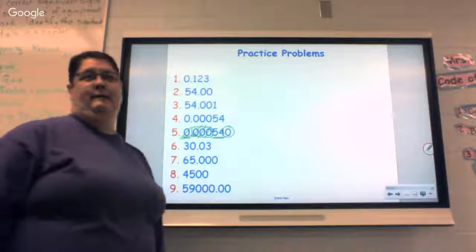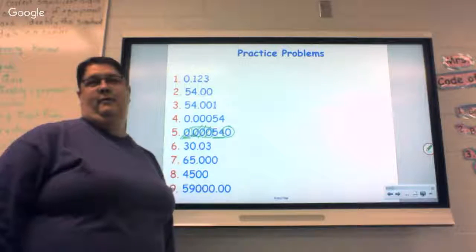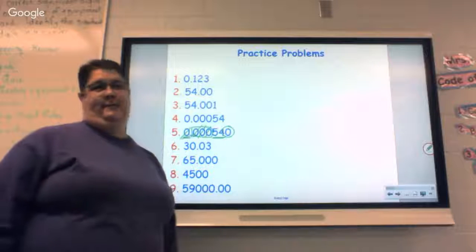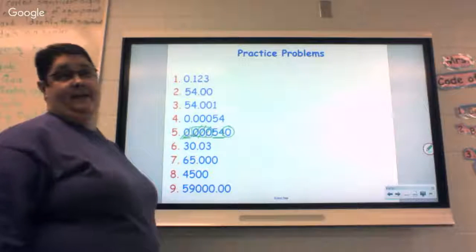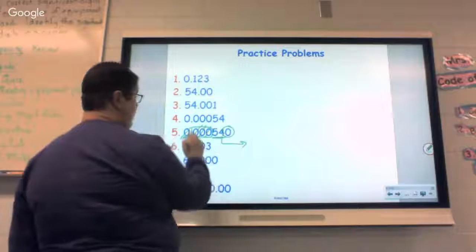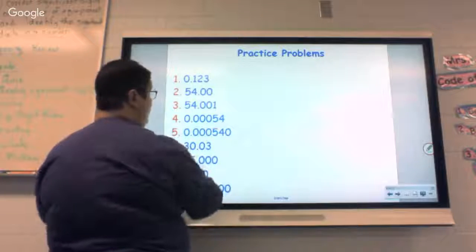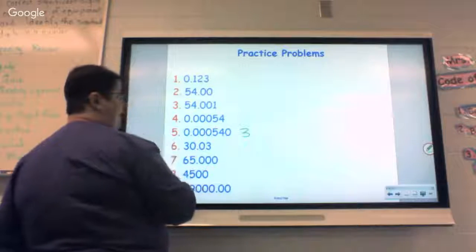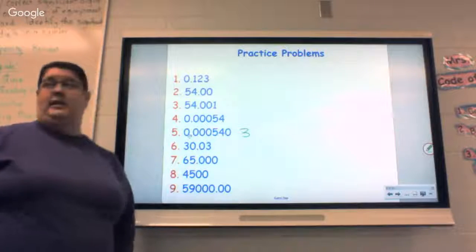Any ideas? Anybody want to help her? Say it. It's to the right of the decimal and to the right of the 4. This is rule 6, behind both. So there are 3 significant digits there. It's after both of them. Got it?